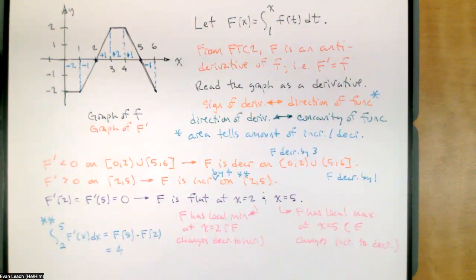We can get a lot of information based on direction and amount of increase and decrease. Looking at the derivative, we get a lot of information about how much the function is increasing and decreasing once we throw that area part into it. So let's make some calculations.